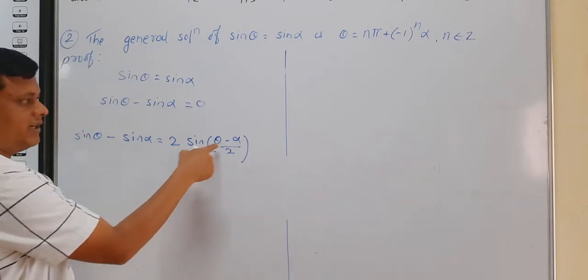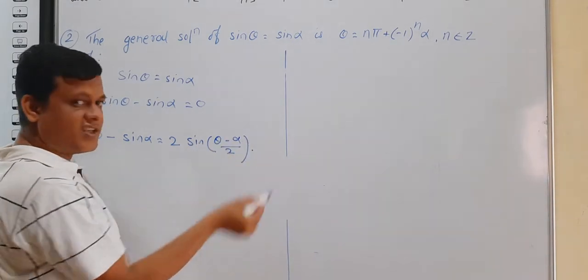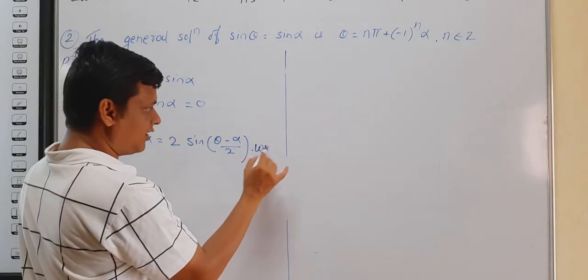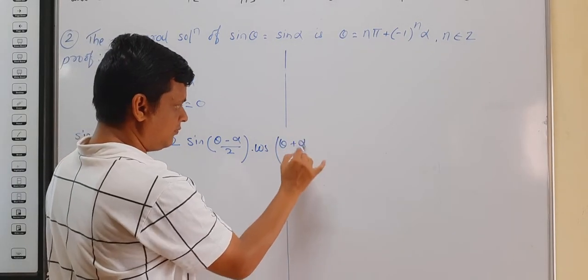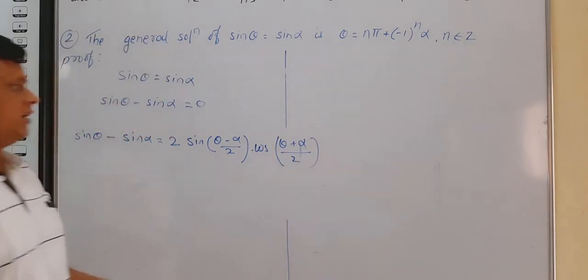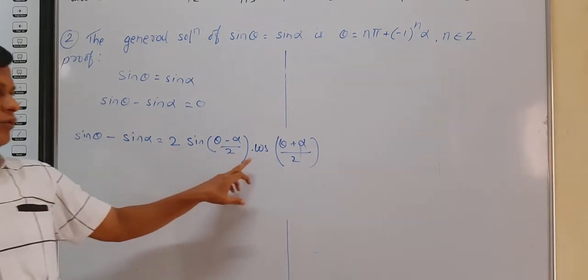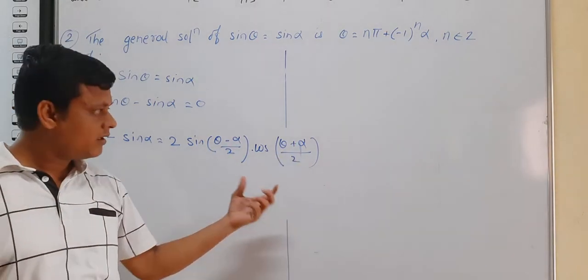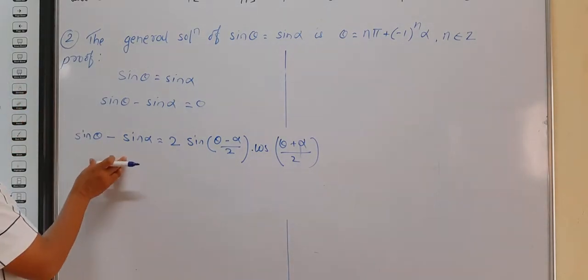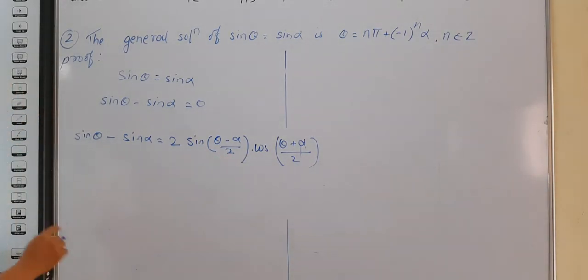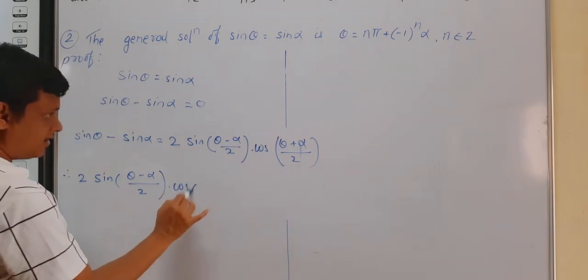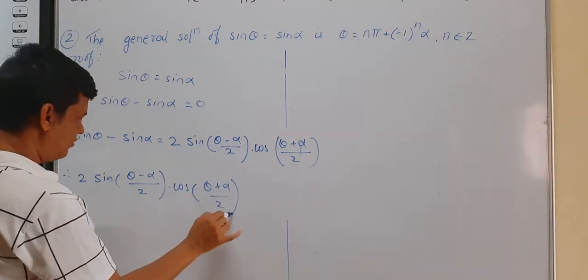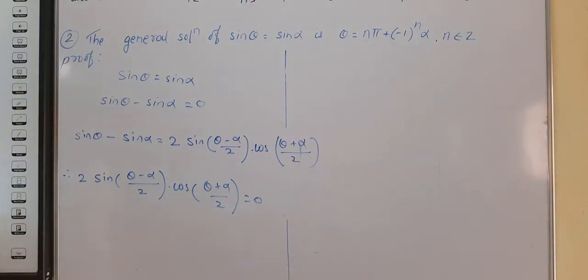So we get 2 sin of (theta minus alpha) by 2 into cos of (theta plus alpha) by 2. Now if you observe, the LHS is 0, so the RHS must be equal to 0. Therefore 2 sin of (theta minus alpha) upon 2 into cos of (theta plus alpha) upon 2 equals 0.